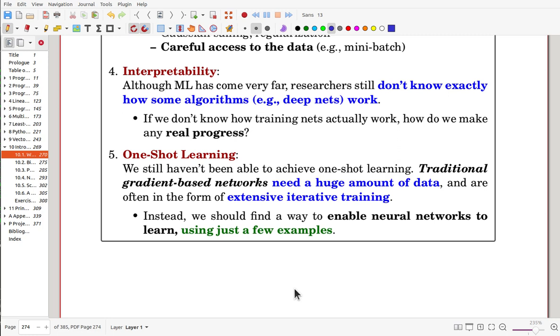But human intelligence can understand an object with a few examples. So the question is, can we make a machine learning algorithm that can be trained using just a few samples? That's the question. If you can solve this issue, then you can be a billionaire very quickly.